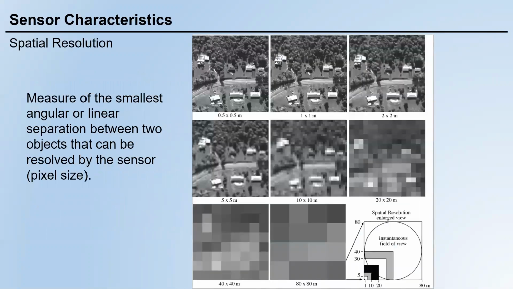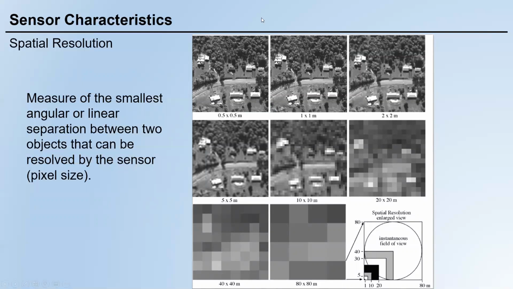So spatial resolution is relatively straightforward to understand. It's a matter of the smallest angular or linear separation between two objects that can be resolved by the sensor. Because the smallest unit in an image is the pixel, pixel size is actually the direct indicator of spatial resolution.